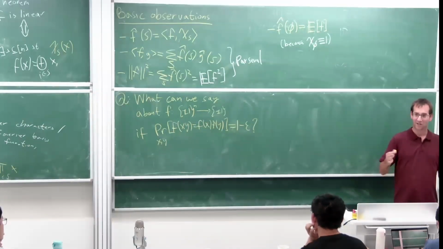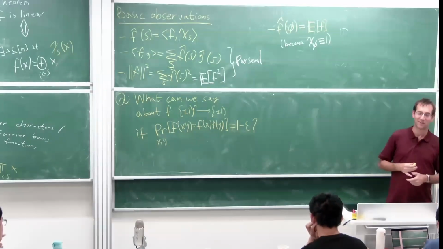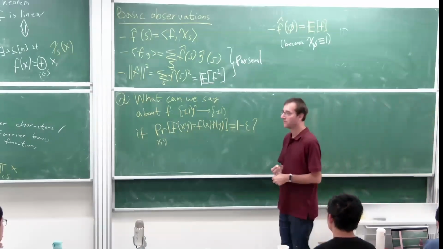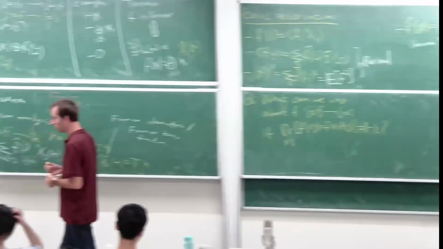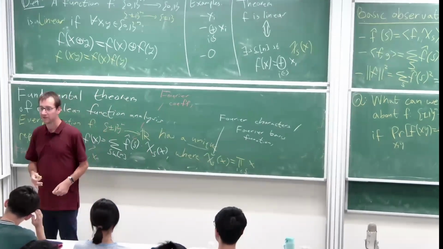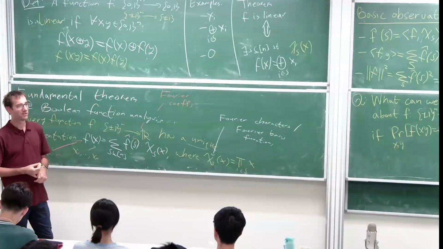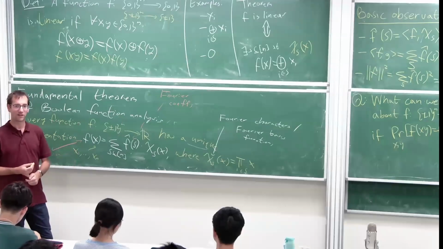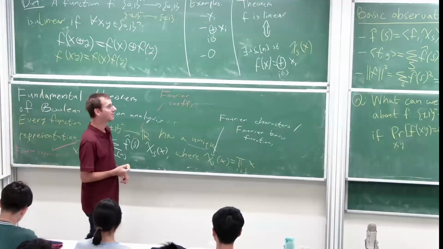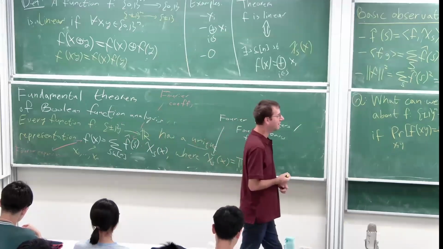Has anybody heard of hardness of approximation? I'll spend a few minutes on this later, because this is really where Boolean function analysis mostly, well, not exclusively, but this is where all the hard stuff is being done in TCS with regard to Boolean function analysis. So it makes sense to mention it. We'll get to it later.